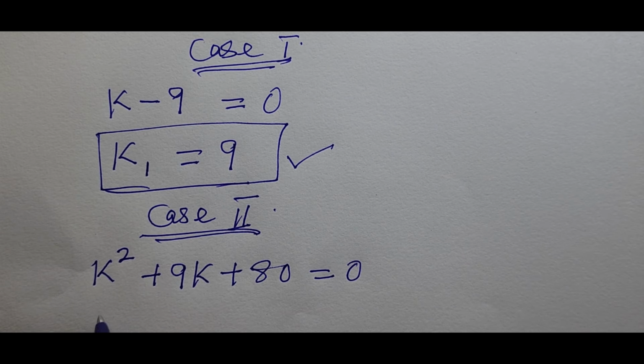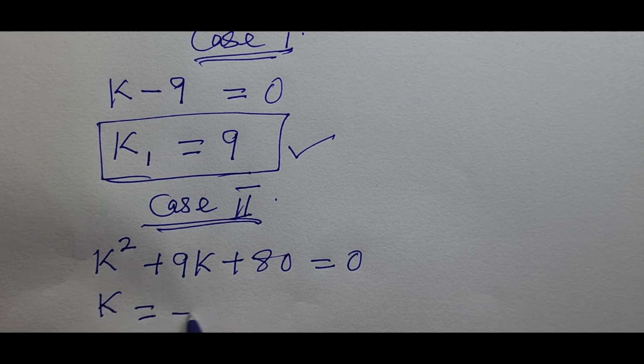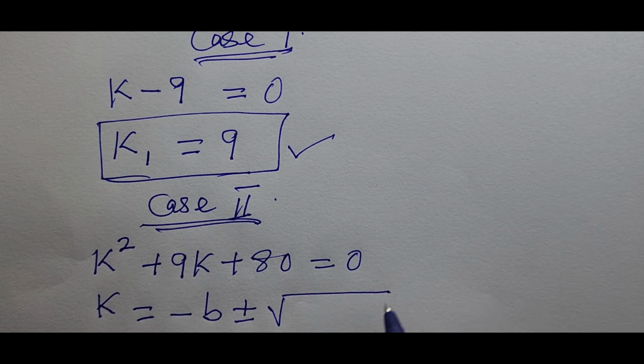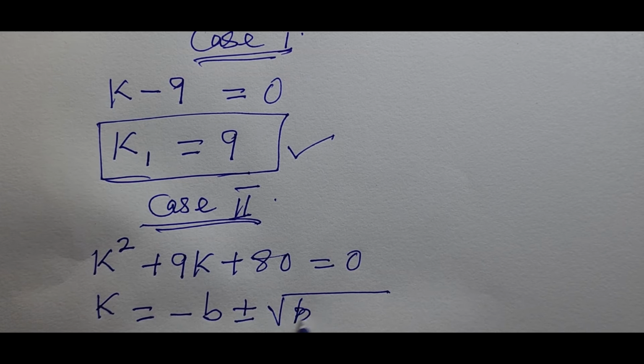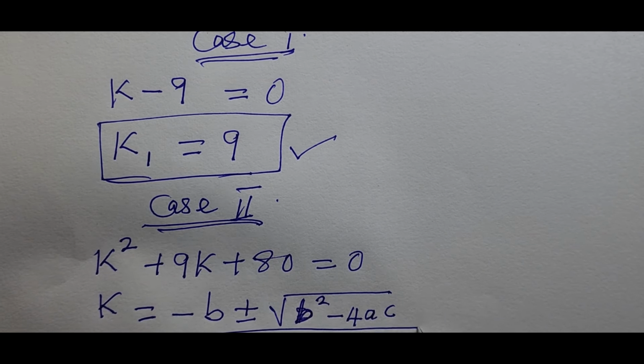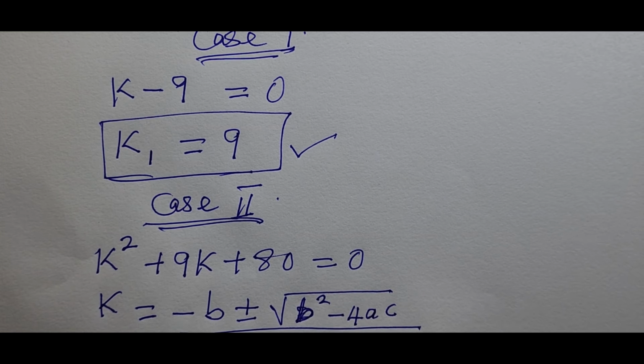We know the quadratic formula says that k is equal to minus b plus or minus the square root of b² - 4ac, all over 2a.